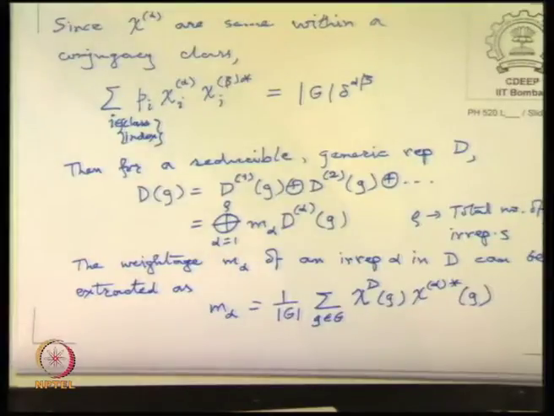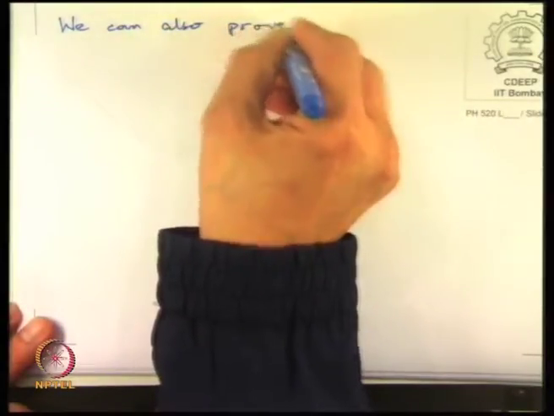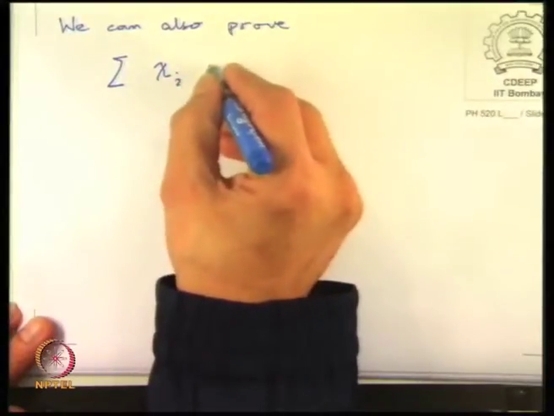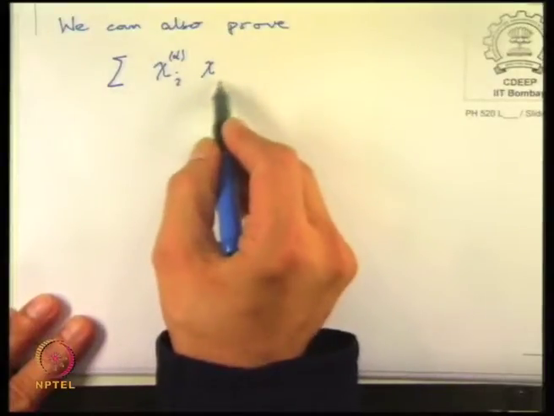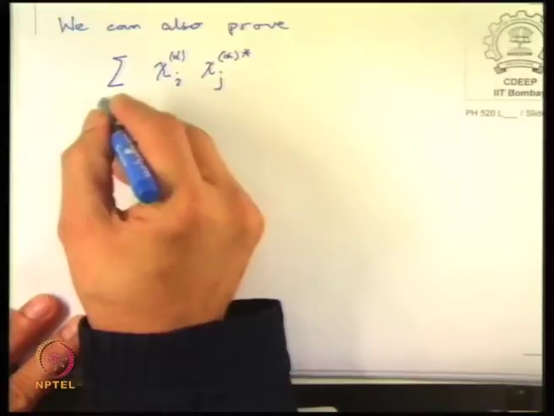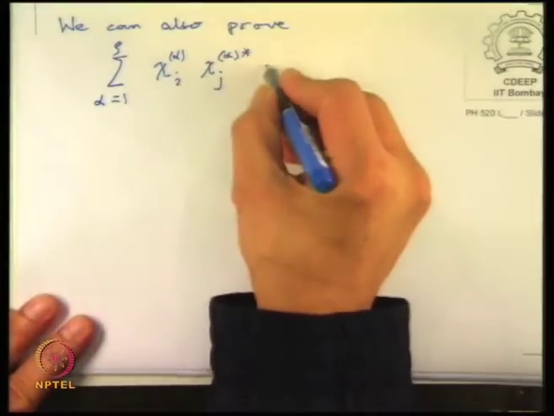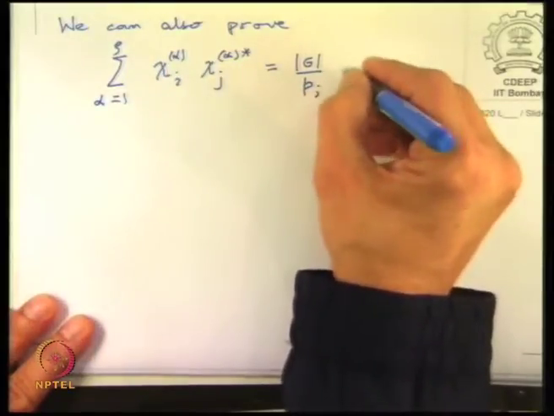We also had proved that there is another kind of orthogonality relation, and this is for, so look at this, we have been writing chi i alpha and chi beta i, and then summing over i to get delta alpha beta, but you can also do this and sum over alpha equal to 1 to rho, sum over all the irreps, not over the classes, and that produces again the size of G divided by Pi, the number of members in the class i, times delta ij.